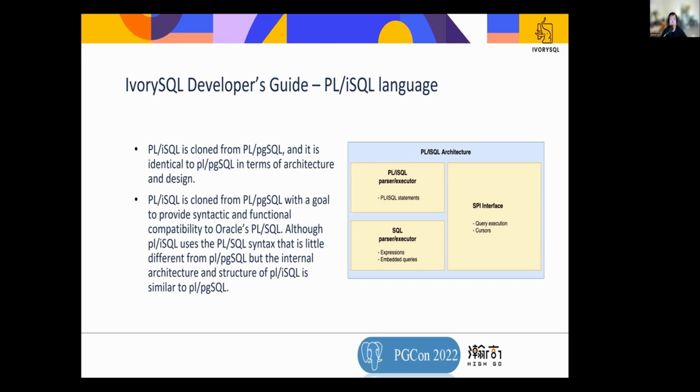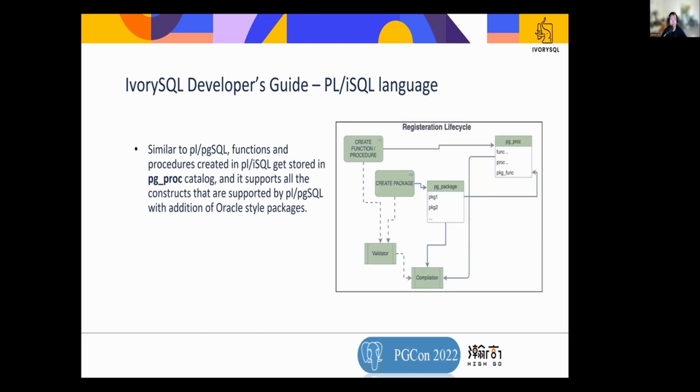Although PL/iSQL uses PL/SQL syntax that is a little different from PL/pgSQL, the internal architecture and structure of PL/iSQL is mostly similar to PL/pgSQL. If you check the source code, you will find that. Similar to PostgreSQL, the functions and procedures created in PL/iSQL get stored in the pg_proc catalog, and it supports all the constructs supported by PL/pgSQL with the addition of Oracle style packages.